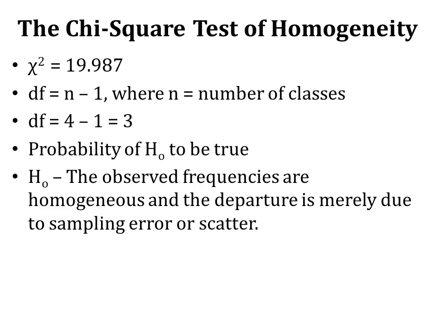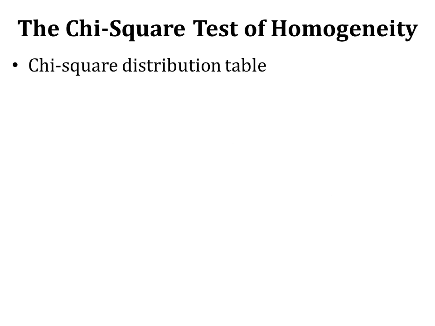Our null hypothesis is that the observed frequencies are homogeneous and the departure is merely due to sampling error or scatter. So we compare our calculated value with the table value to see the probability of this null hypothesis being true.